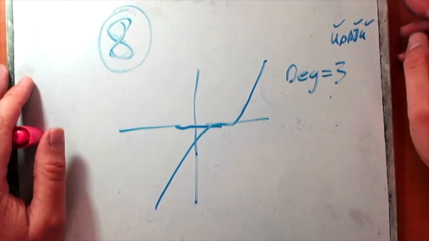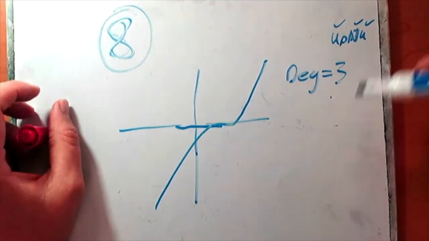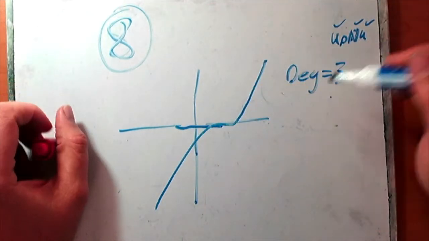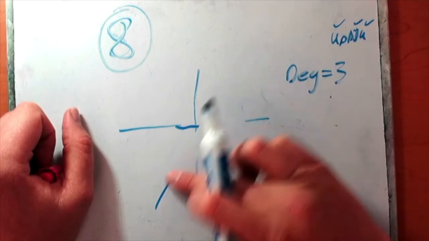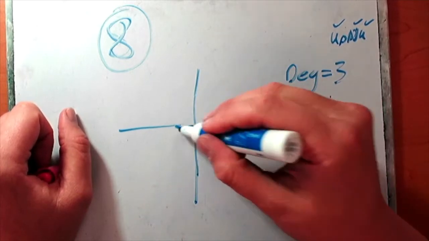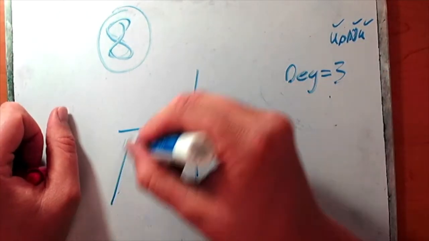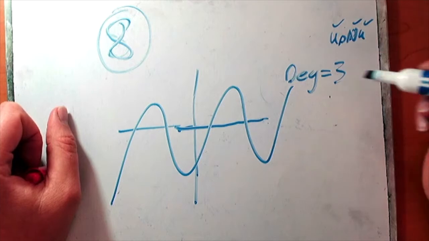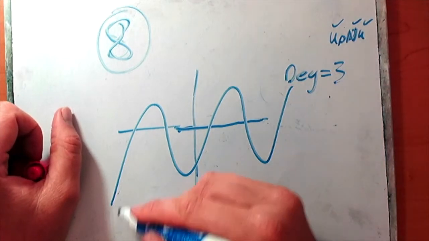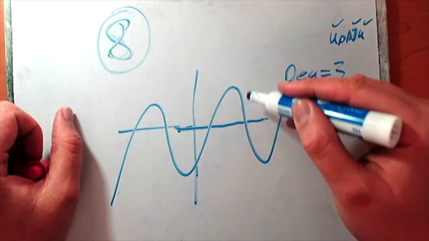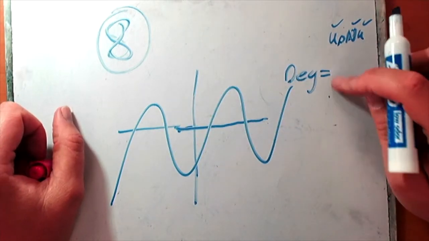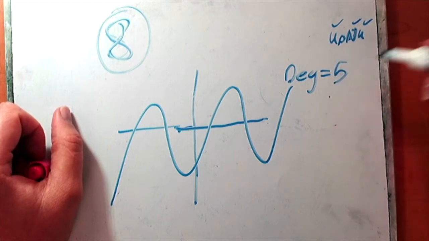The questions that I'm going to ask in question 8 all have to do with how many degrees. We can look ahead to more challenging questions. I would do something like this: it goes up, down, up, down, up, and that's going to be a degree of 5.